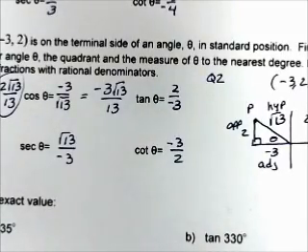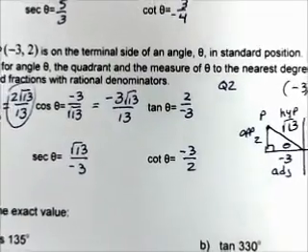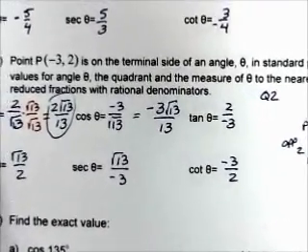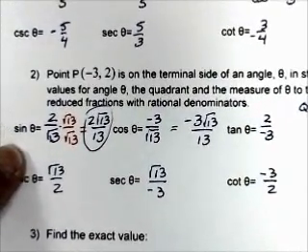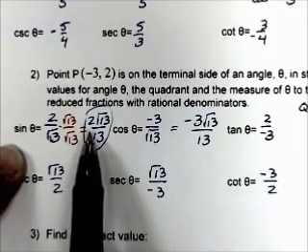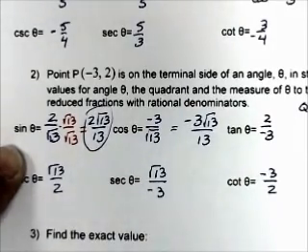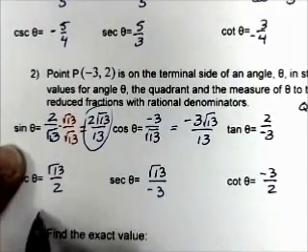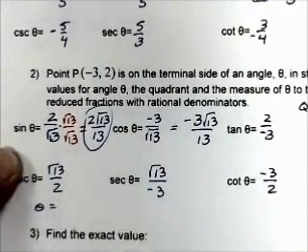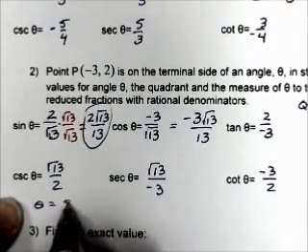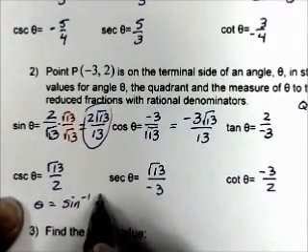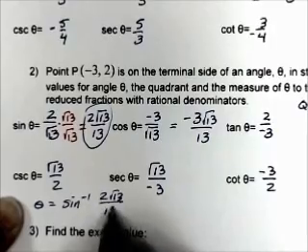And find theta to the nearest degree. Okay, so sine of theta is this 2 square root of 13 over 13. So if sine theta equals this, now I'm finding theta. So theta is going to equal the sine inverse of 2 square root of 13 over 13.